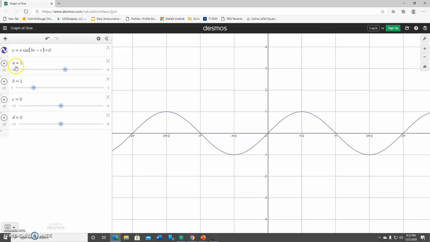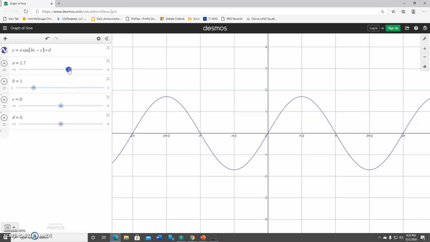Right now you can see that the first coefficient outside the parentheses is 1. The coefficient on the inside is 1. Both constants are 0. And these are our identity values. So this is the parent function. So as I begin to change the values for each one of the different variables, we'll discover how it impacts the graph. So I'll start with A.